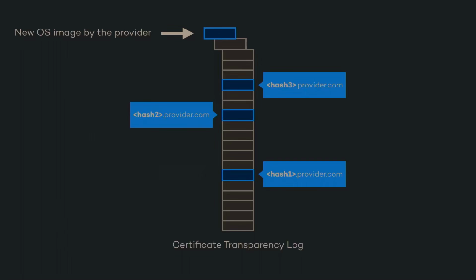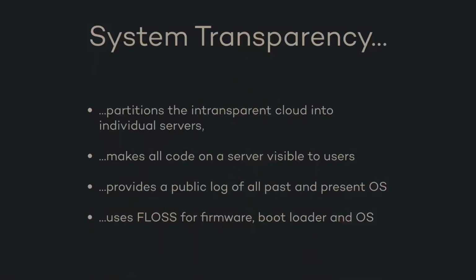And now we have an open, append-only and public certificate transparency log of all the current and past operating system images that have been deployed on a particular system. And because stboot, before it boots, checks that the certificate transparency log contains such a certificate, you can make sure that everything that boots on a particular server has been verified by us.